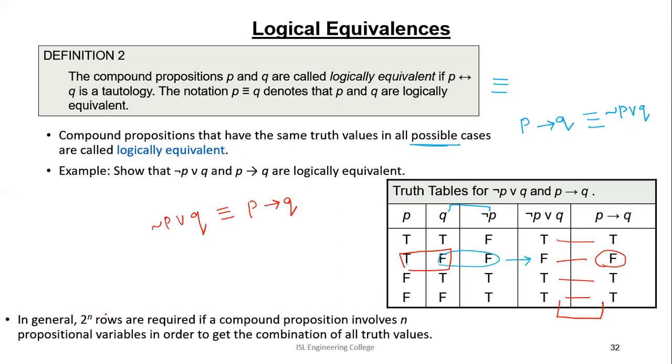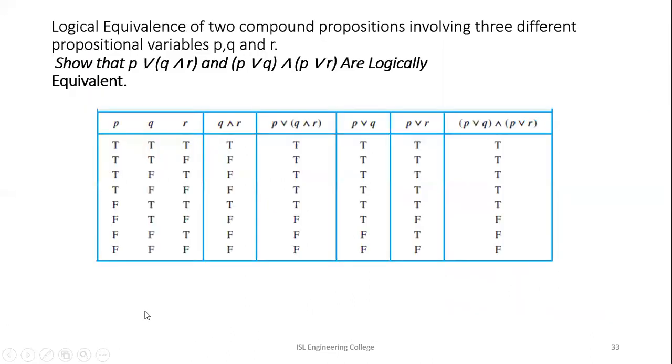And the rule that I've been saying by now: if you have n propositional variables, then we require 2 power n rows. The same way you can solve for 3 variables. So over here we have 3 variables P, Q, R, and if you have 3 variables you will have 2 cube, 8 rows.